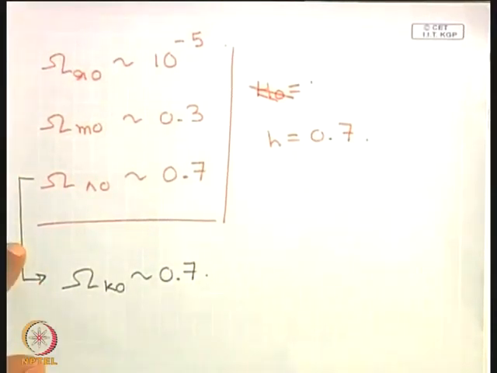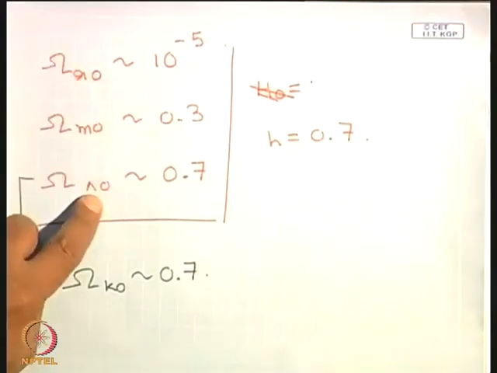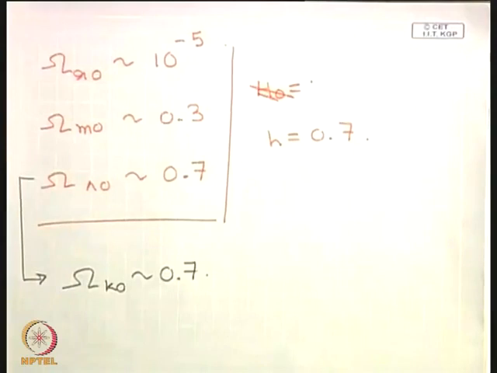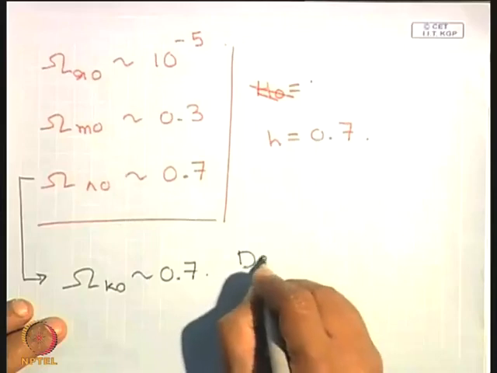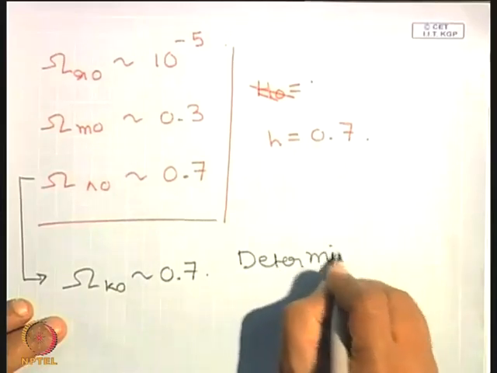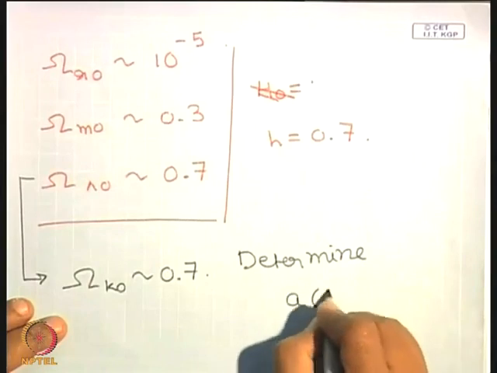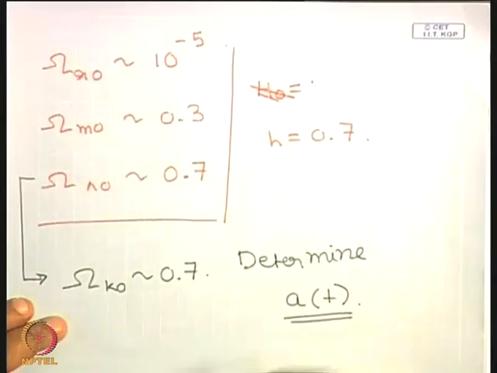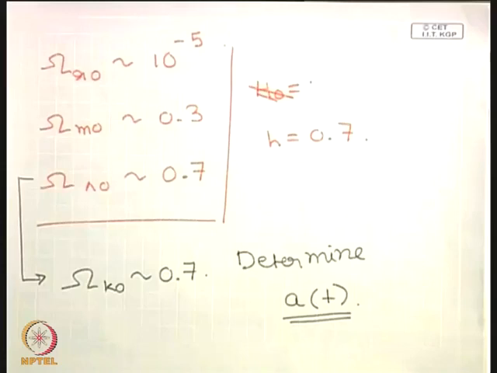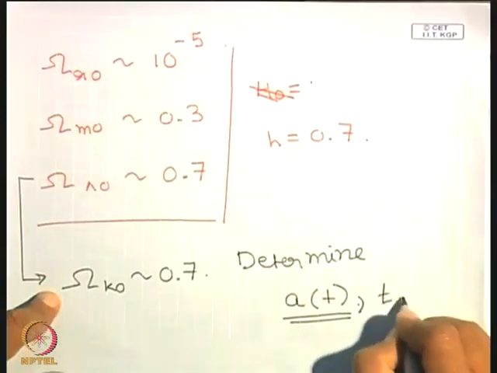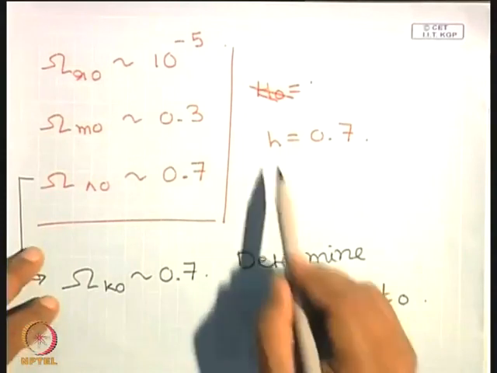So consider two different models, one where you have these three, another where you have these two and this. Compare the behavior of the expansion of the scale factor in both these models. So plot the graphs and compare these models. Also determine the age of the universe, which I have told you how you have to determine, assuming h naught, h is 0.7.